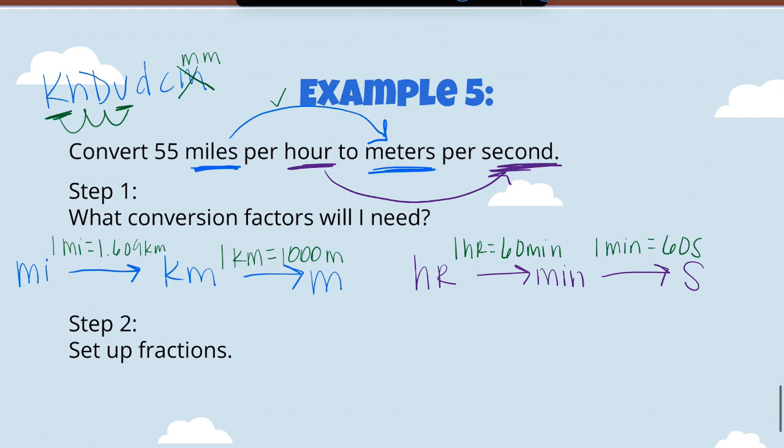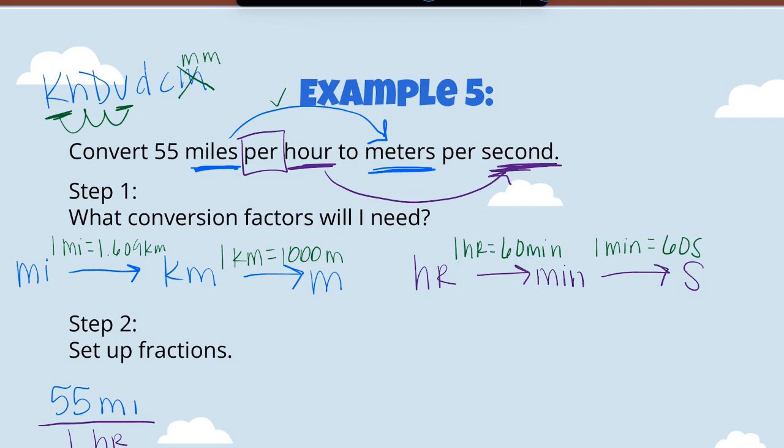So what we have here is 55 miles per hour. So for the first time, we're not going to have 55 miles over 1. We're going to put 55 miles over 1 hour. So anytime you see this per, what that means is we're going to have a unit over another unit.